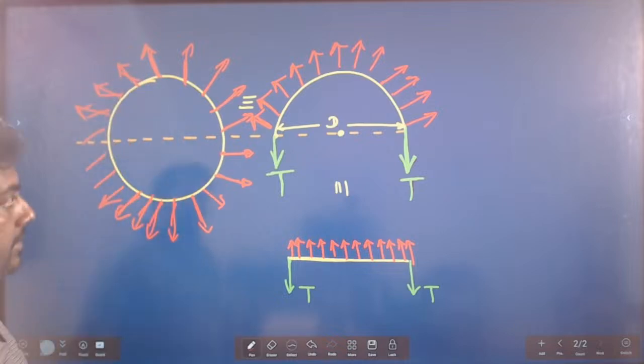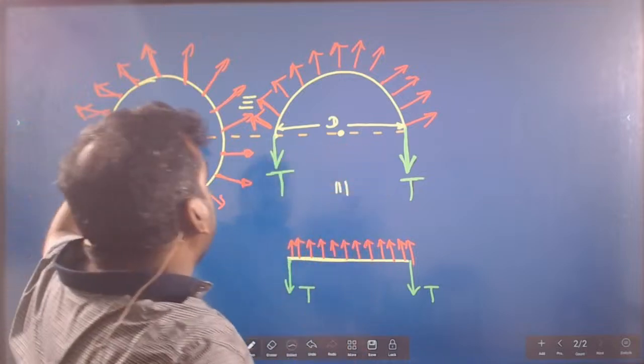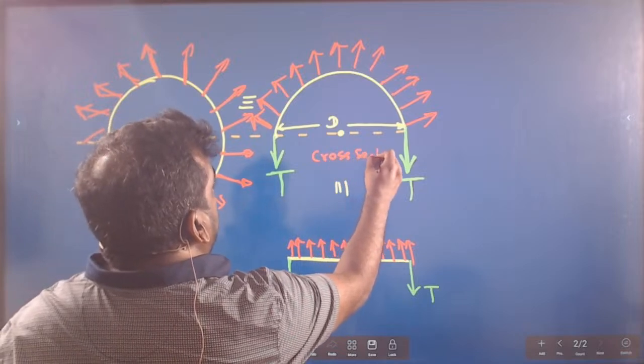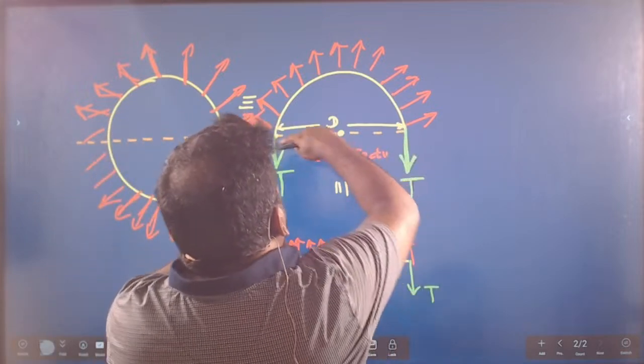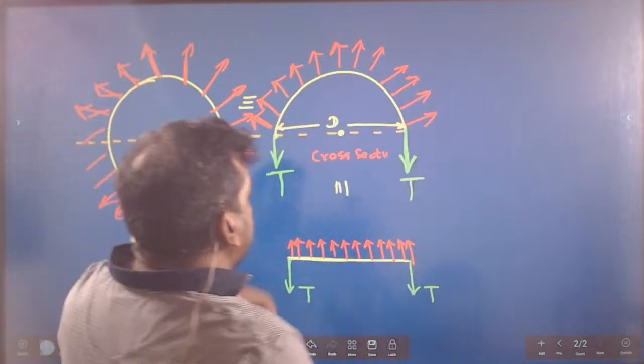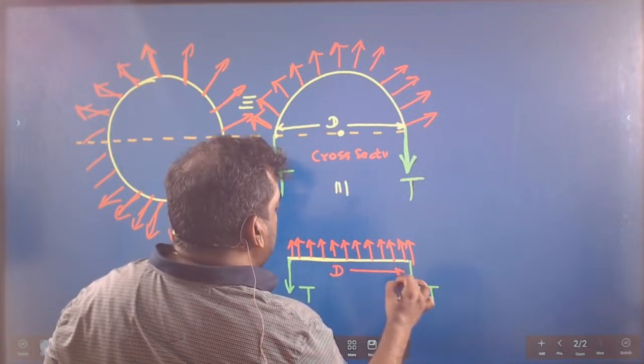If I take a cross section, tension from these two ends is balanced by the surface tension force along the diameter.